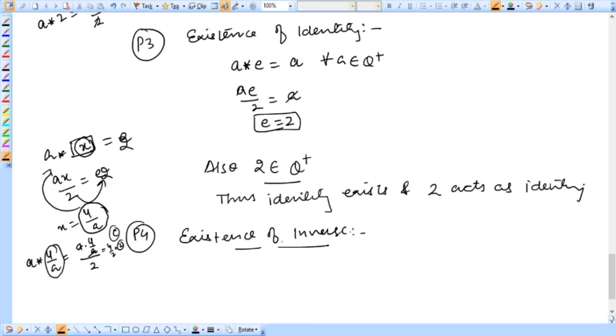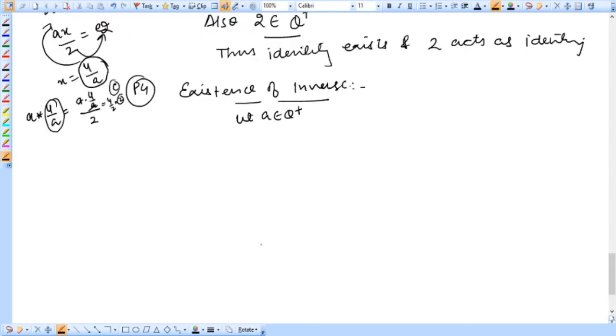Again you are going to write it here. Let a belong to Q positive. So here the property of inverse is a star x, if x is the inverse of a, then a star x should be equal to identity, that is 2.